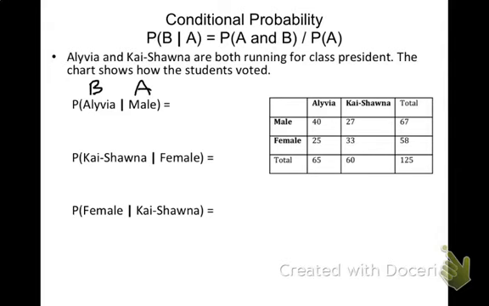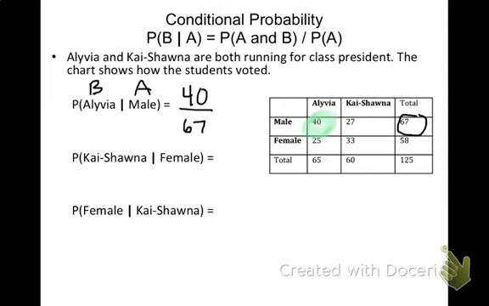So the probability of a male voting for Olivia is right here, and that's 40. That's where they come together, the male and Olivia. So that's going to be 40 up top. That's our both, A and B. But for our bottom, we're just going to put male because that's what's given. So that would be 40 over 67.